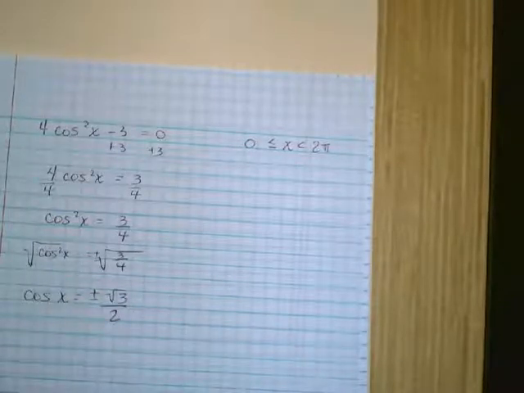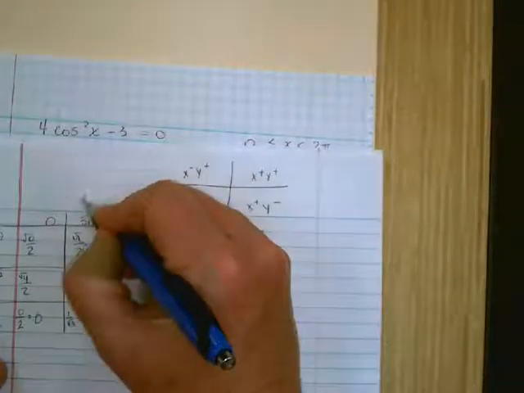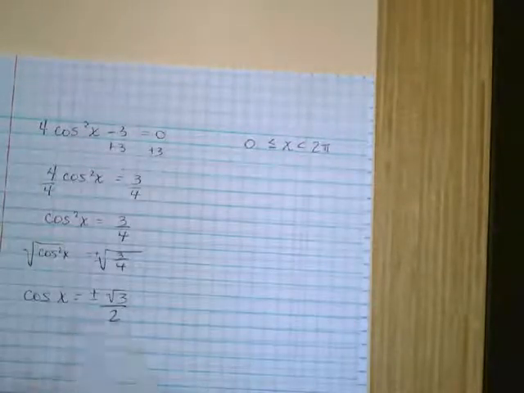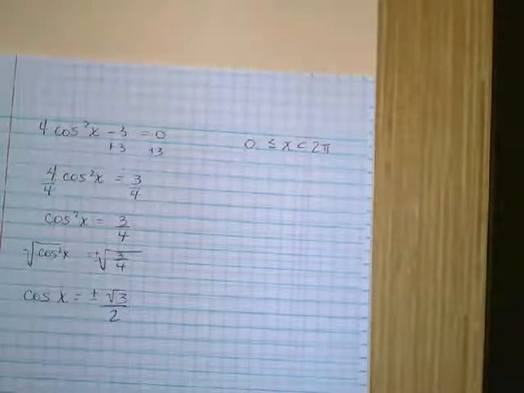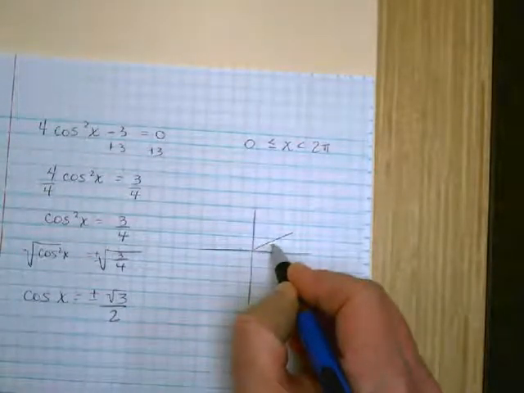Okay. Well, when the cosine is the square root of 3 over 2, then I'm at pi over 6, and it says plus or minus, so every single time I have a reference angle of pi over 6, it's going to work. So it's going to happen at pi over 6, which is 30 degrees.